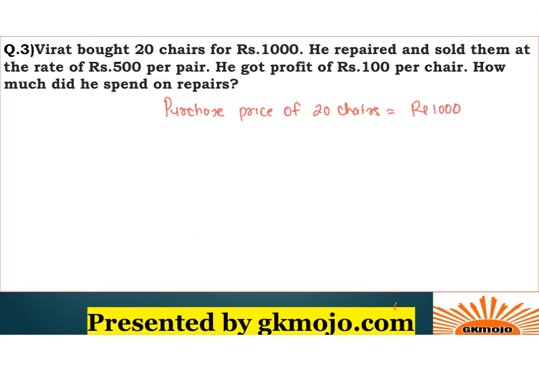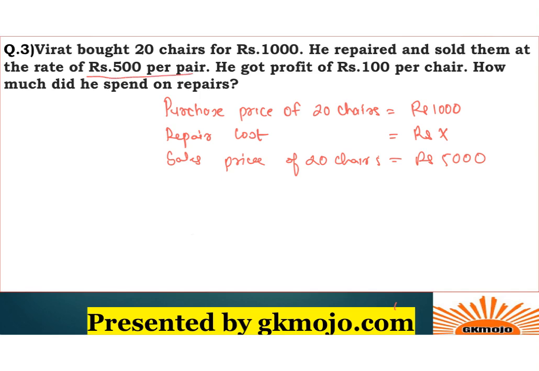Then he repaired them and the repair cost was not known. We have to calculate this, so let it be rupees X. And what is the sales price of 20 chairs? Sales price of 20 chairs will be rupees 5000. How rupees 5000? Rupees 500 per pair he has sold.